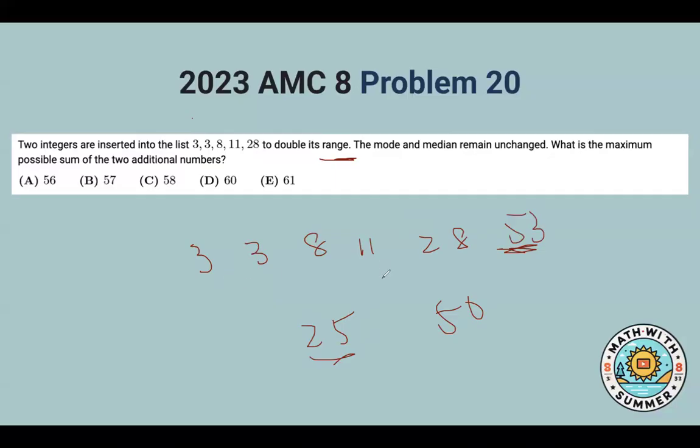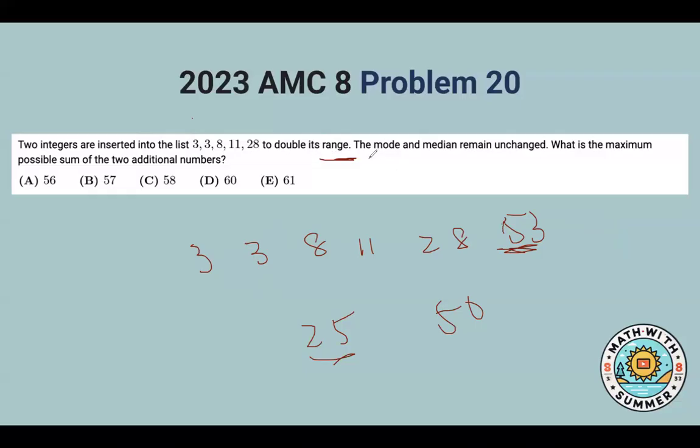Because if we did anything bigger, let's say 54, then our range is automatically 51, which is greater than 50. Even if we add a number at this end, or at this end, which we've established we can't do, it would still remain that the range is too big. So our largest possible additional number is 53 to double the range, right?